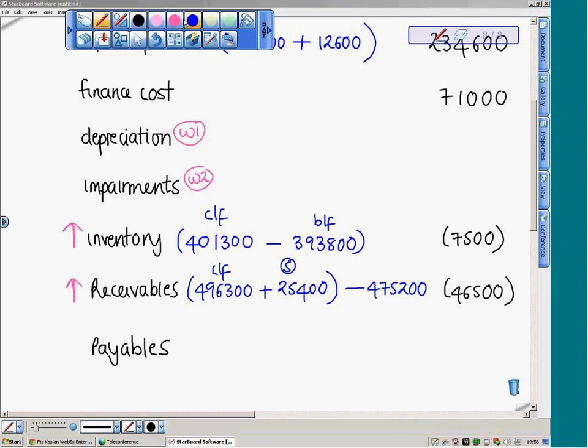Okay. Payables then slightly involve the payables because yes, you've got the subsidiary disposed of, but then in note 7, they also mention that interest accrual that we need to strip out from the payables number. So I'm going to start off with my carry forward and the subsidiary's number, and then I'm going to remember to bring my interest accrual. I'm going to add that back. I want to deal with my interest accrual separately. Okay.